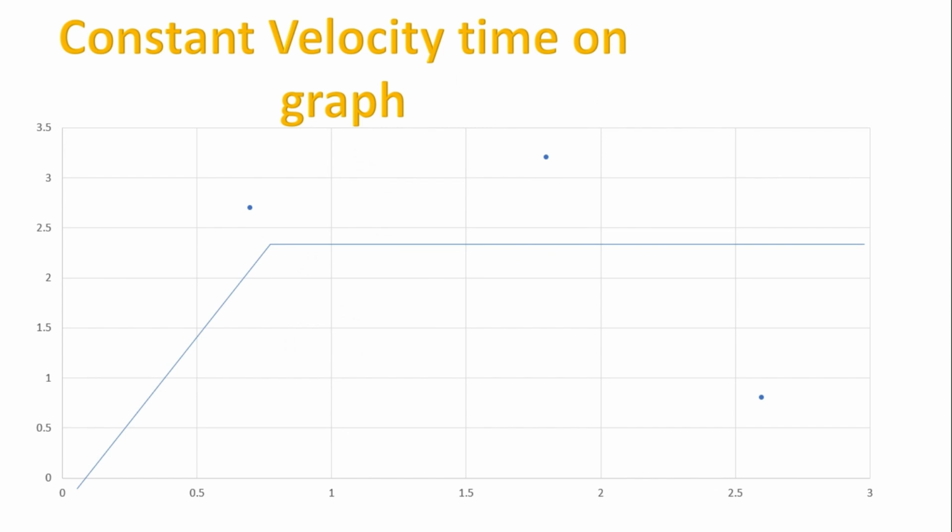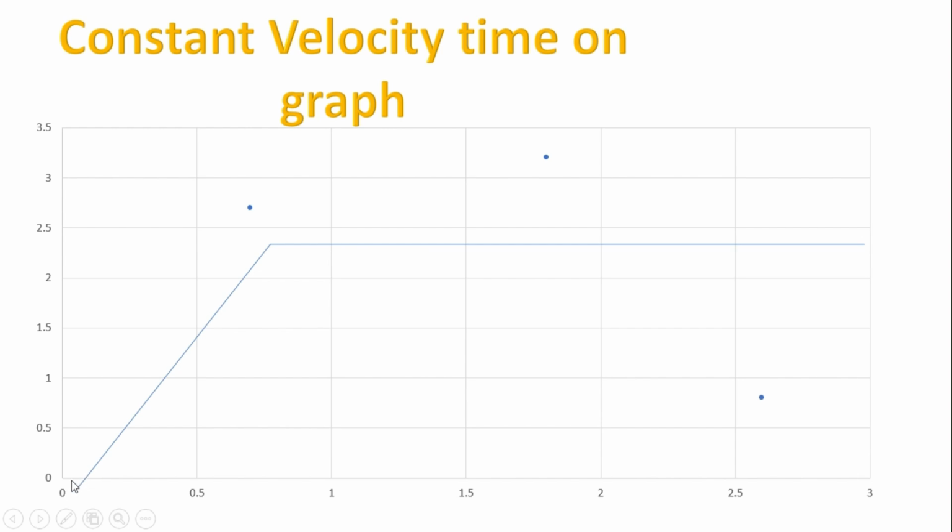Now we have constant velocity on a time graph. Now what is constant velocity? It is when an object covers, for example, you can see it has not gone to 0 because it was not drawn very accurately, sorry, my bad. But the object, if you see my arrow, goes up from 0 to a particular value.